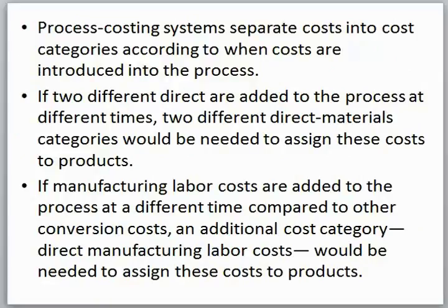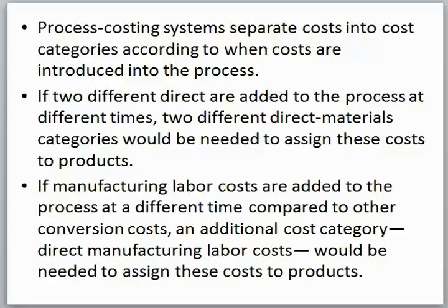Process costing systems separate costs into cost categories according to when costs are introduced into the process, either from the beginning or the middle of the process. If two different direct material costs are added to the process at different times, two different direct material categories would be needed to assign these costs to products.